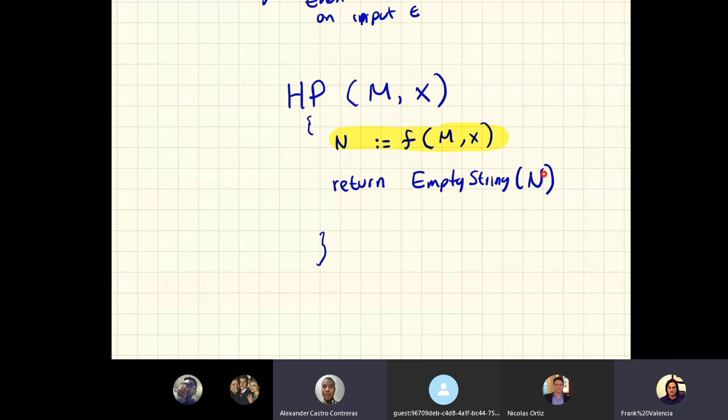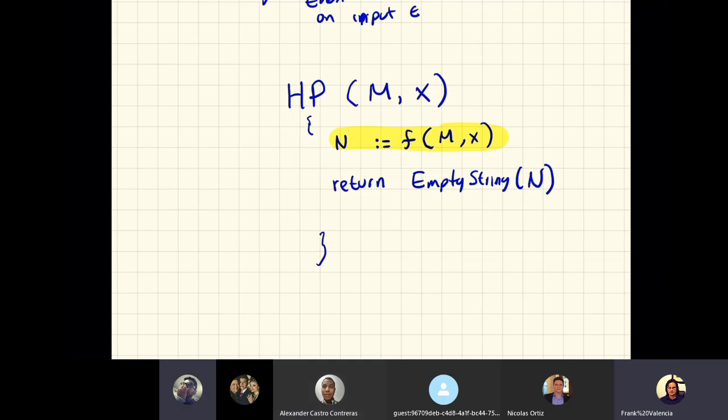If the language of N is the empty set, does it accept the empty string? No, because it doesn't accept anything. En caso de que acepte el vacío, aceptaría todo, aceptaría cualquier otra cosa, ¿no? Yes, exactly.